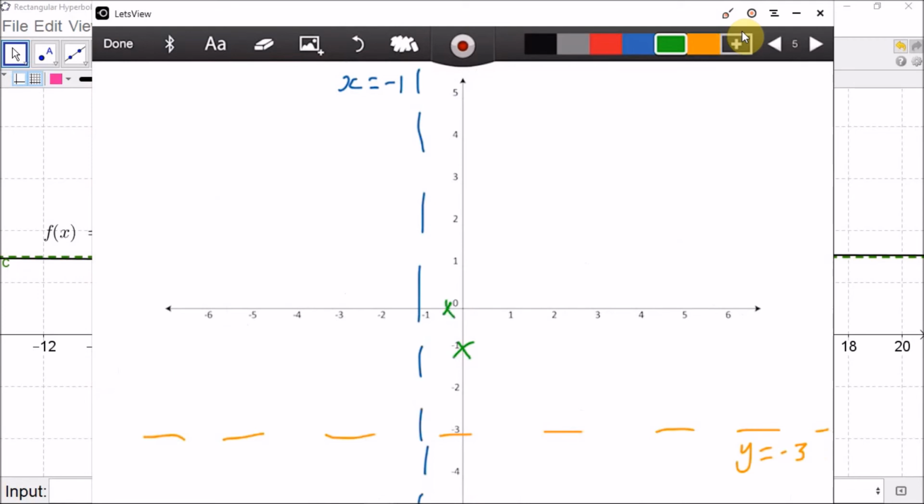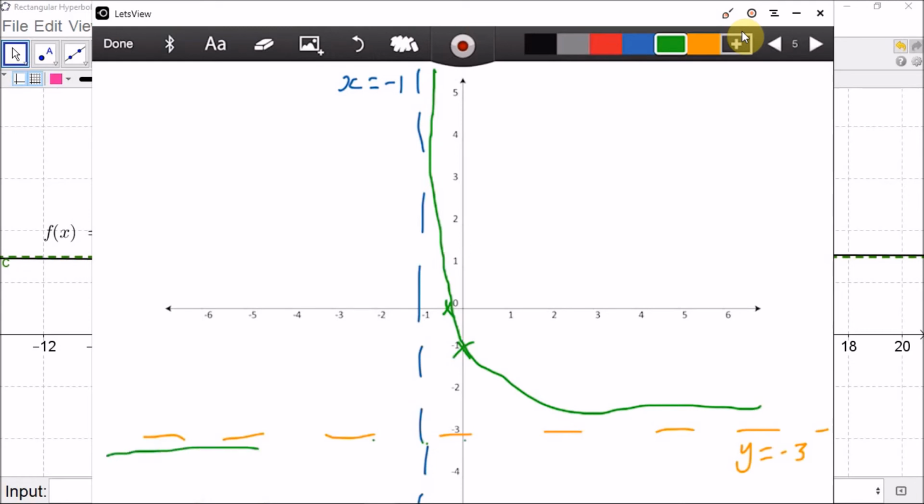So our rectangular hyperbola swings around there like that. Now this bit that's down over in here, you're trying to make it, so if I go across 1 there, I go up 2. So if I go across 1 here, I go down 2 to there. And about there.